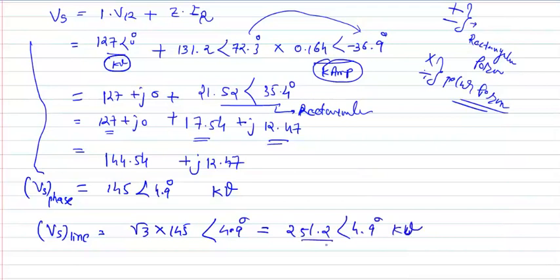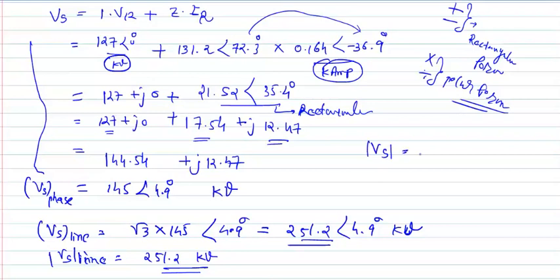Or suppose we need only the magnitude of Vs in line to line value, so the answer is 251.2 kilovolt. So that is your sending end voltage.